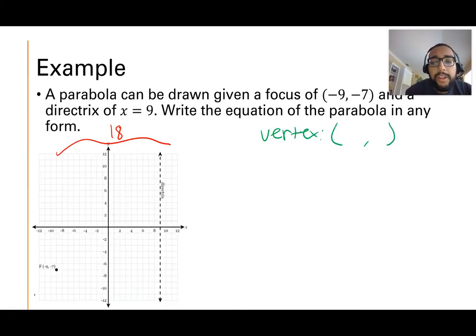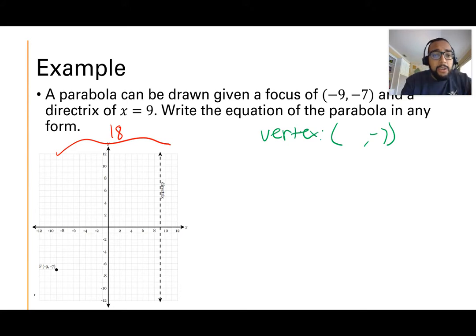Again, the vertex and focus are on the same axis of symmetry. So for horizontal parabolas, that means that the y value of my focus and the y value of my vertex will be the same. So with this here, how do we find the x value? Remember, vertex is in between the two.